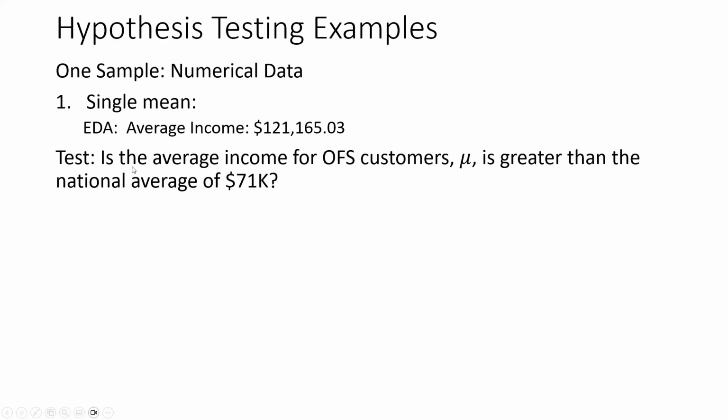And so the question that this raised for me is: is the average income of the organic food superstore customers, mu, greater than the national average of 71,000? I should have fixed the grammar there; I should take the "is" out.